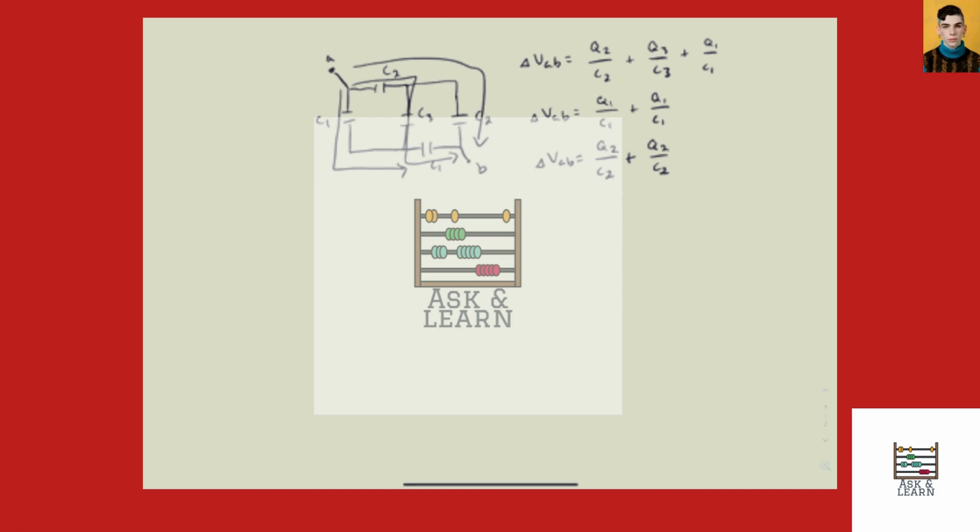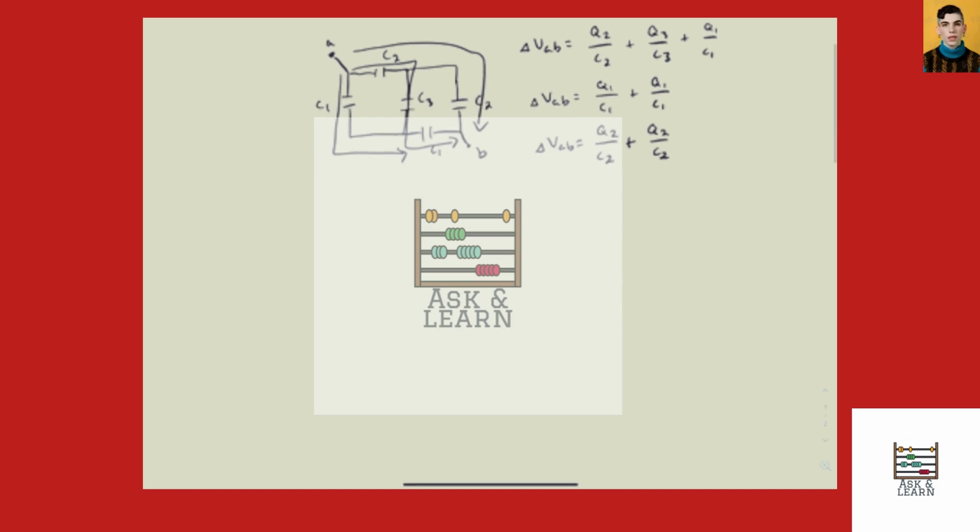So if I look at the first and second equation, I can deduce that Q1 over C1, because I have this and this, so then this Q1 over C1 has to equal Q2 over C2 plus Q3 over C3, that combination.